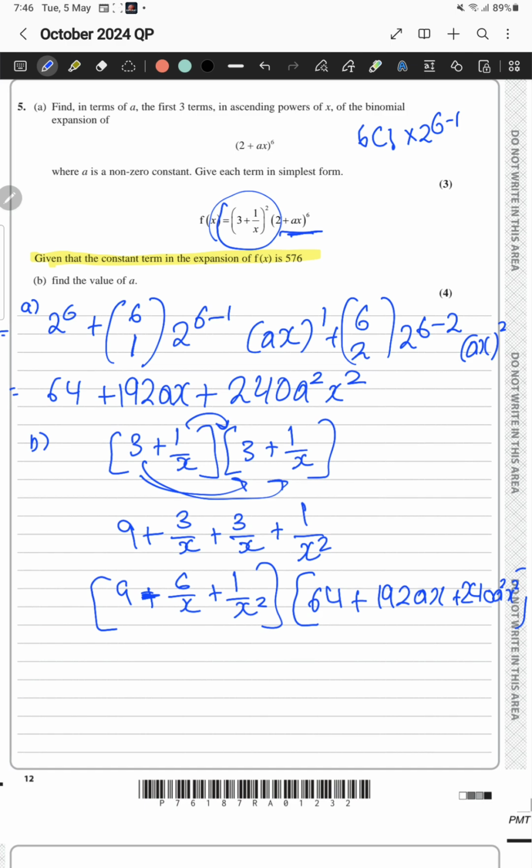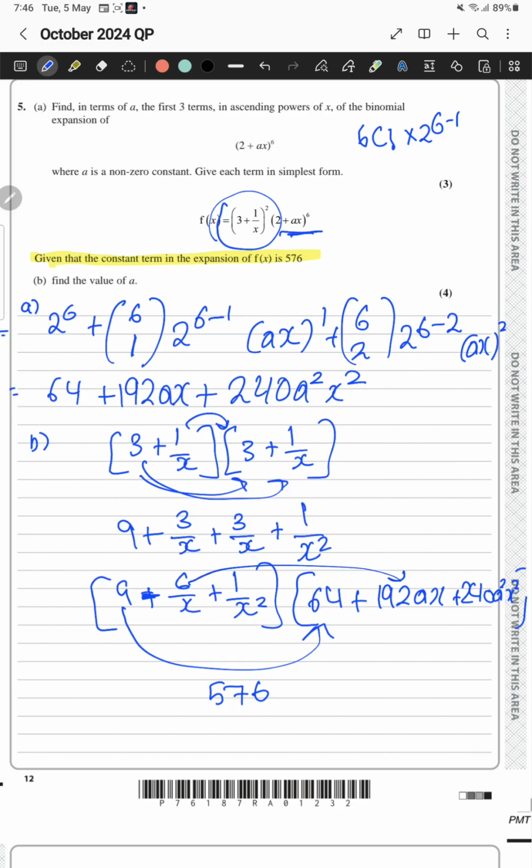All right, so what we need to do here, we can find terms that are independent of x by multiplying 9 times 64. So 9 times 64 is going to be 576. Great.